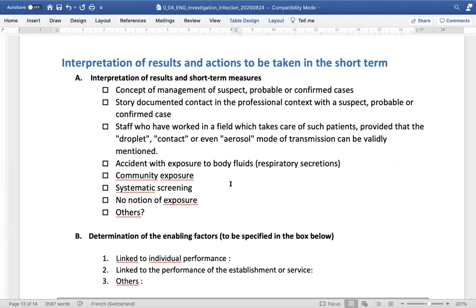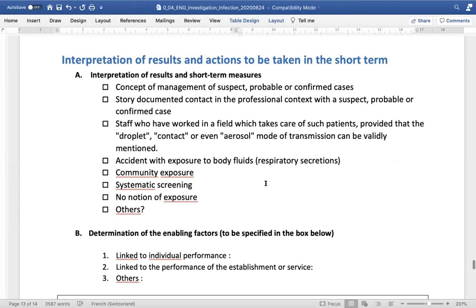Thank you very much. So having done the investigation, this section helps you to make a good interpretation of the results of the investigation. So it helps you to take the necessary actions. So for example, the concept of the management of suspected, probable, or confirmed case.